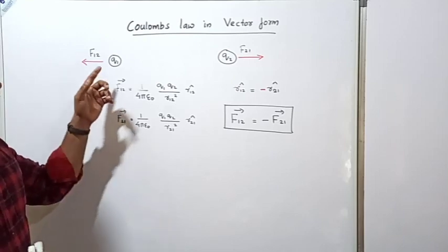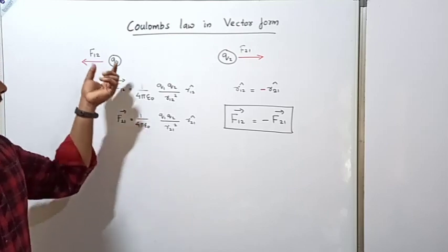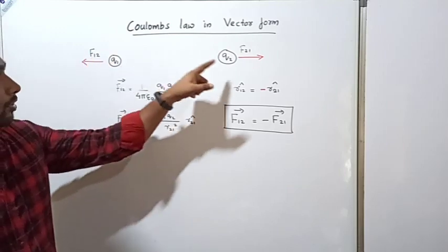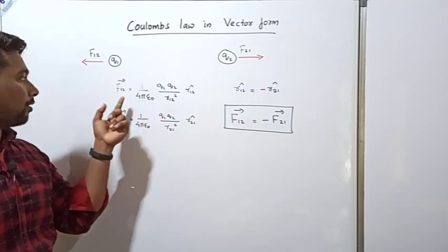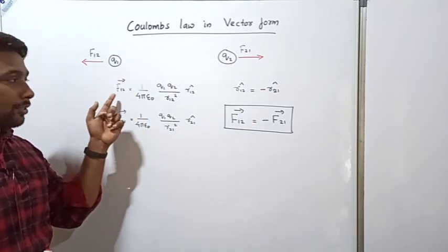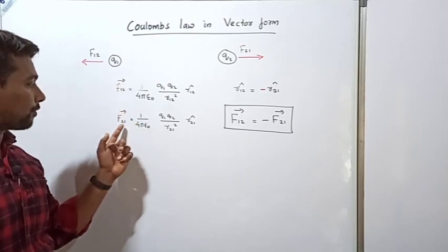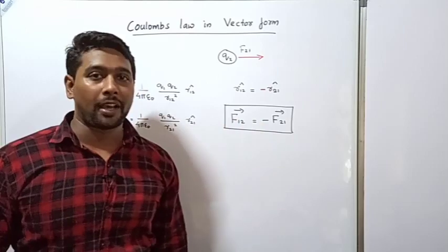For vector form we consider two charges q1 and q2. We obtained the force on this charge due to this one, and also the force on this charge due to this one. Those are F12 and F21, force vectors. From this we found that F12 is equal to minus F21.